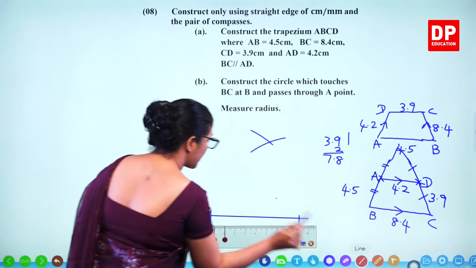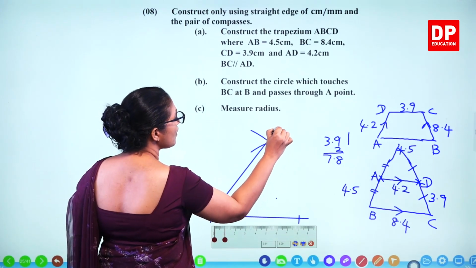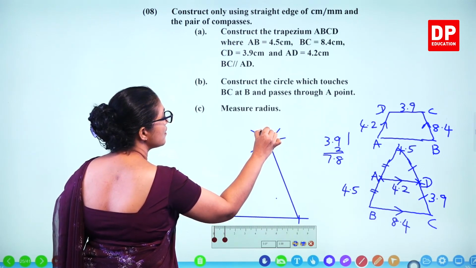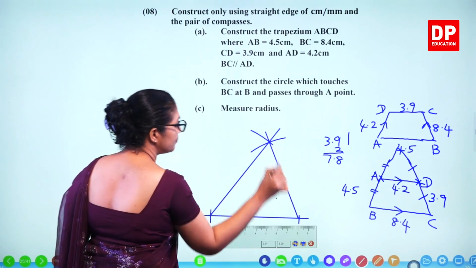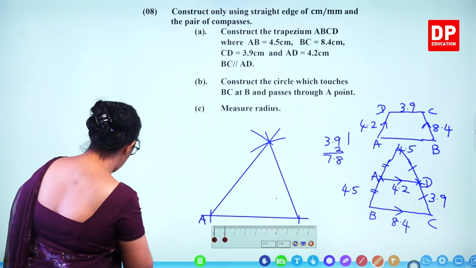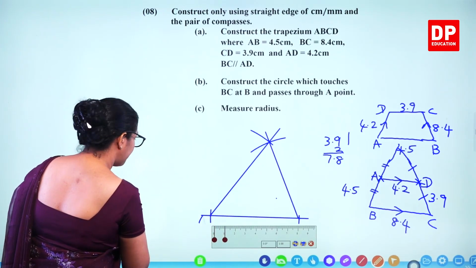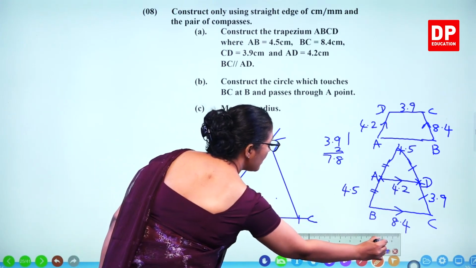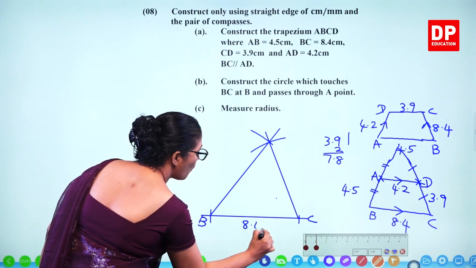Now you can connect this point with this one, and this point with this one. Now we'll label this B and C. And here this is 8.4.